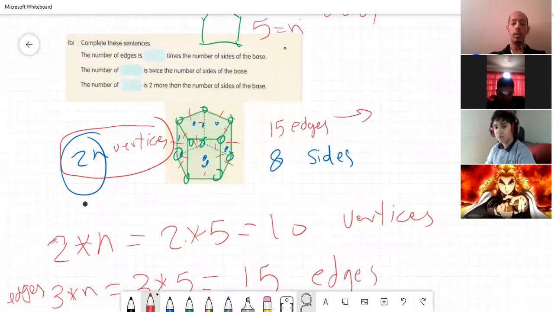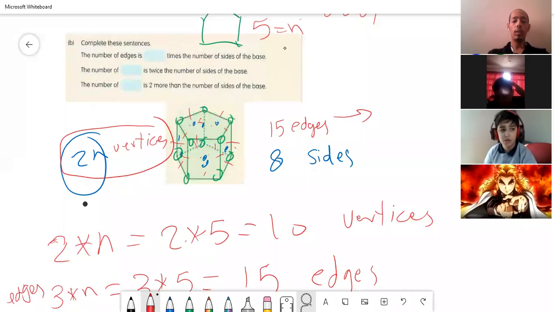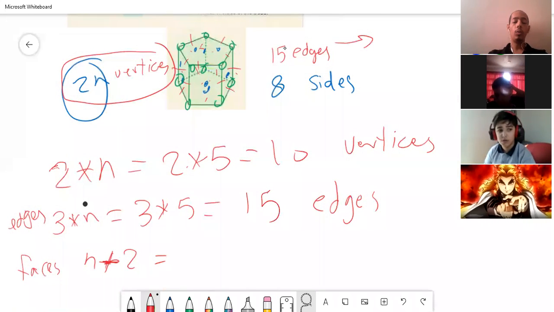How many faces here? 1, 2, 3, 4, 5, 6, 7, right? 7 faces. Yes. If you count the number of faces, you are going to find 7 faces. So the rule is n plus 2. n plus 2 means 5 plus 2 because n is 5. 5 plus 2 is 7 faces.